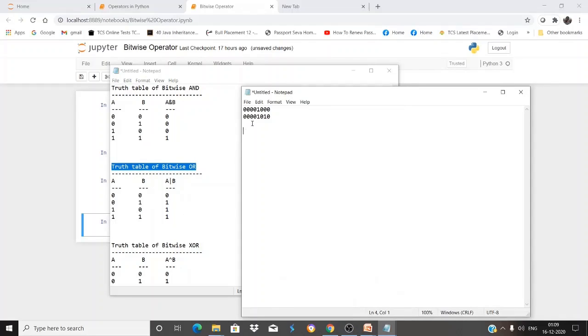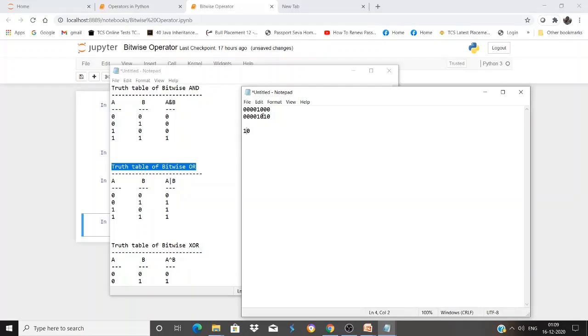We can see that the rightmost bits are 0 and 0. What we have said is that the output bit will be 0 only when both the bits are 0. So for the rightmost bit, the output bit will be 0 as both the input bits are 0. Then we have 1 and 0.